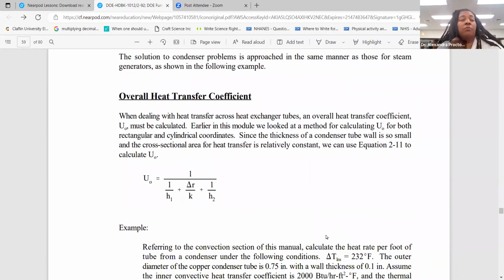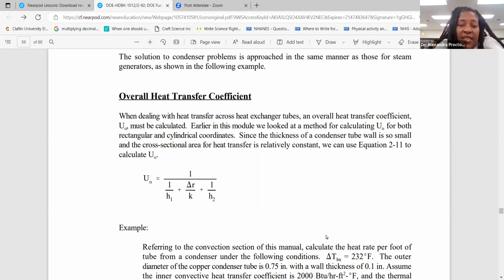So overall heat transfer coefficient, when you deal with heat transfer across heat exchanger tubes, the overall heat transfer coefficient, U, must be calculated. Earlier in this module, we looked at a method for calculating U sub zero for both rectangular and cylindrical coordinates.